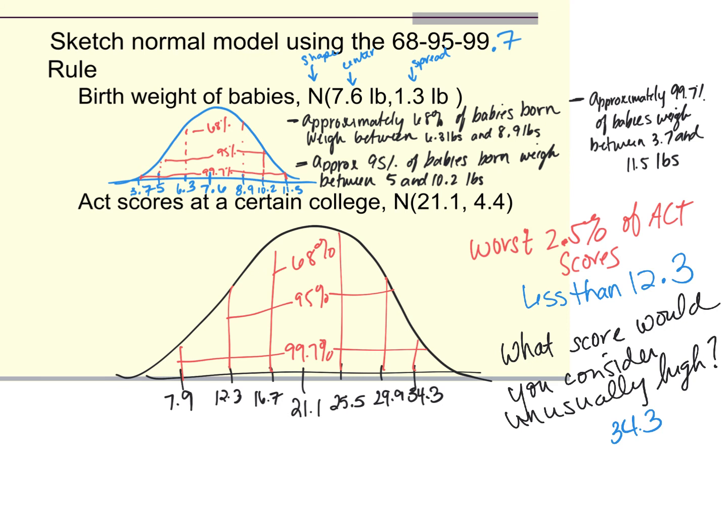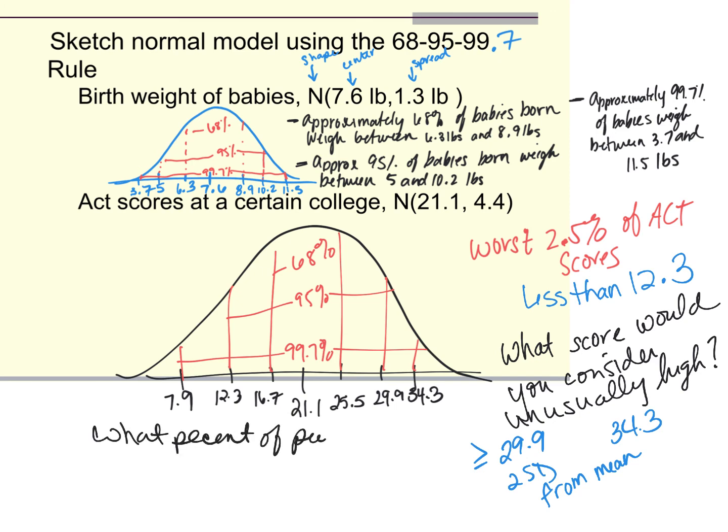Okay, so 29.9, 2 standard deviations from the mean. So greater than or equal to 29.9 would be considered unusually high. What percent of people have a score above 25.5?